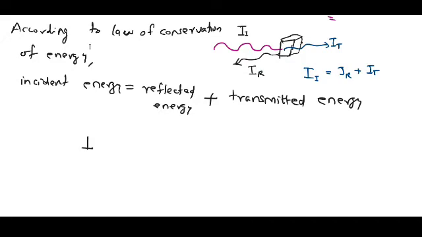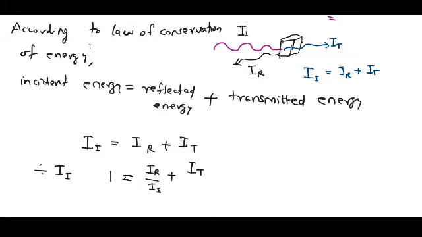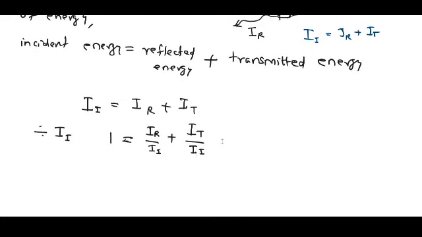That is, incident intensity can be written as I is equal to IR plus IT. If I divide the whole term by I, then this will be 1, which is equal to IR by I plus IT divided by I. We already know the reflection coefficient R is nothing but the reflected intensity divided by incident intensity.